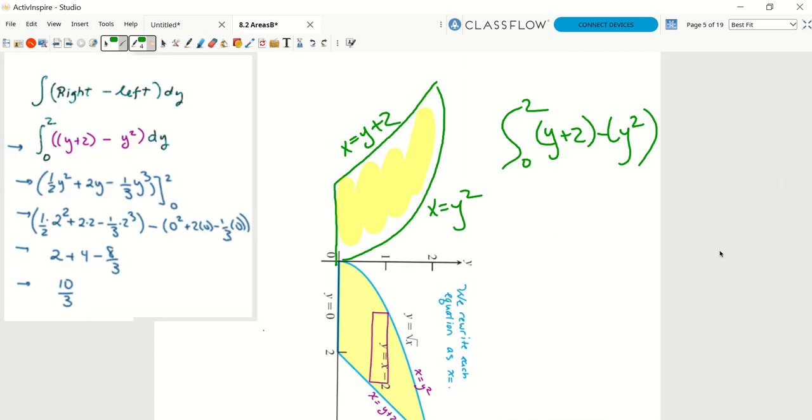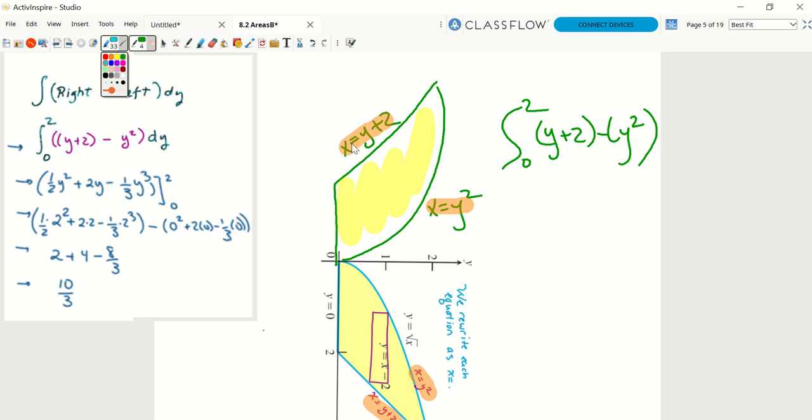So now your problem looks like this. And I literally wrote the x equals y squared that we isolated x for right here, and it's x equals y plus 2 right here. Now we can just use our same logic from earlier.